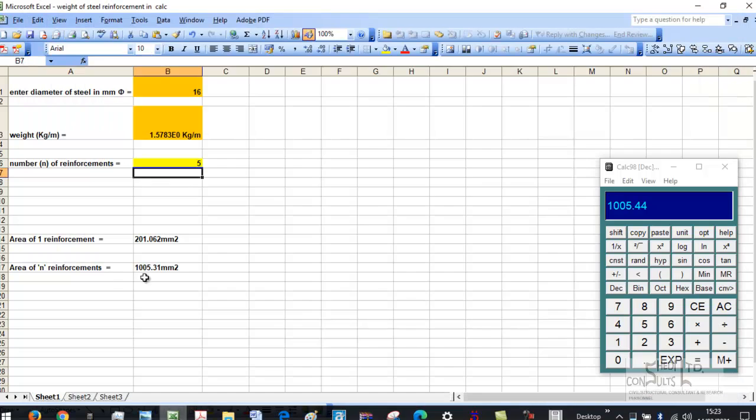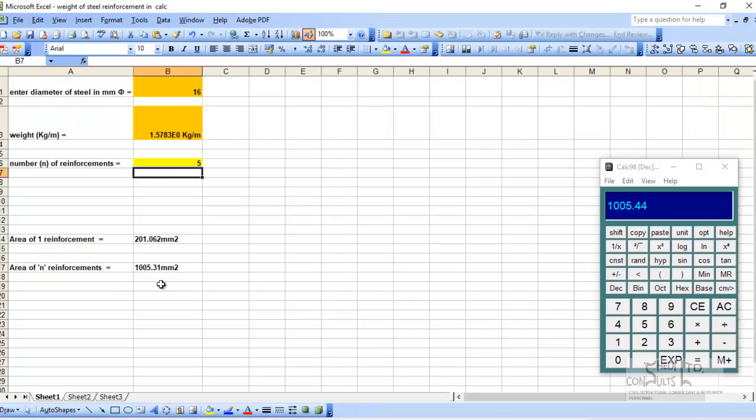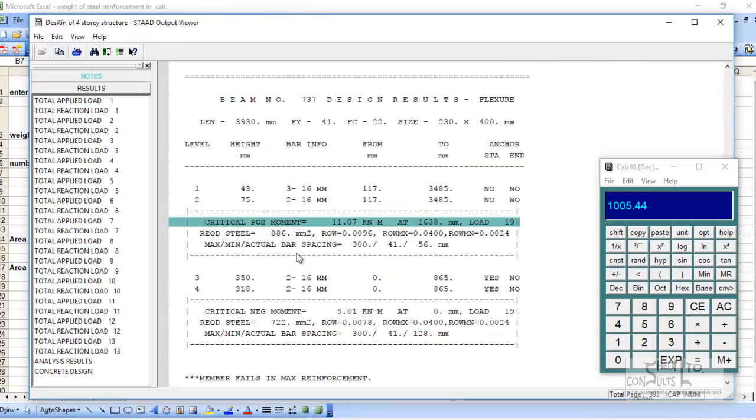You look at what AS provided is: 1005.31 millimeters squared. That is 5T16, which I had calculated. So what it has provided is more than AS required.